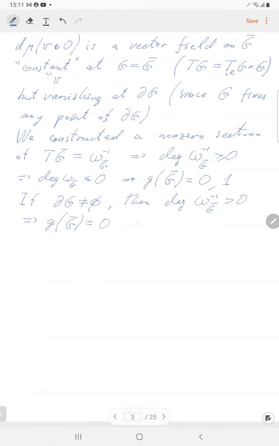And in particular, the degree of this tangent bundle is 2. And so it means that the boundary where the vector field vanishes has either 2 points or 1 point.